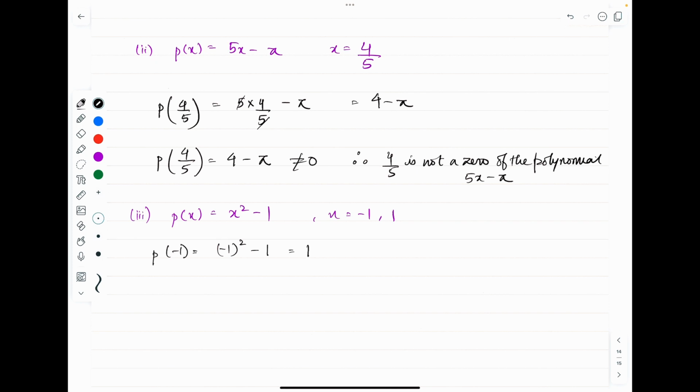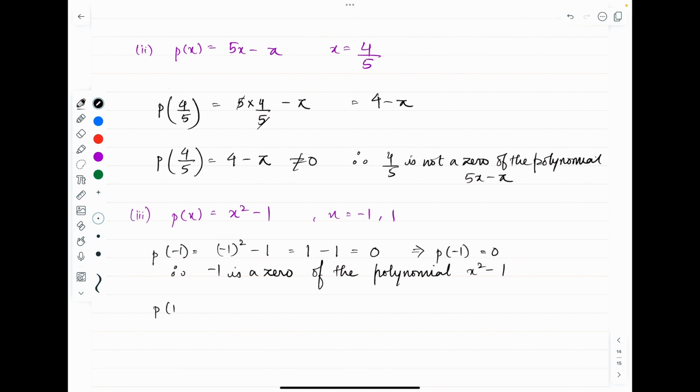Minus 1 square is 1, then minus 1, so 1 minus 1 is 0. Therefore, p of minus 1 equals 0. Therefore, minus 1 is a 0 of the polynomial x square minus 1.